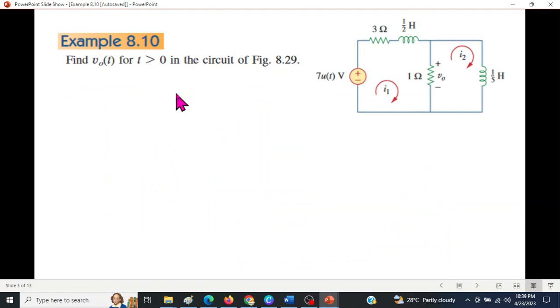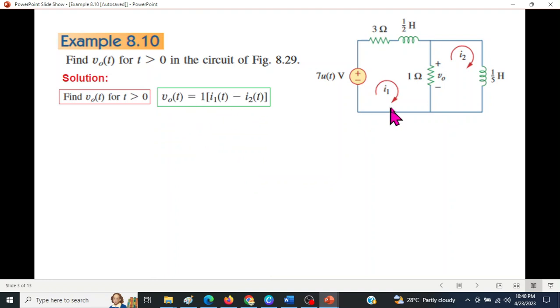Now this is the question that we have to solve. Find V0(t) for t greater than 0 in this circuit. So this is V0, and we have to find V0(t). That is the question in mind. And what is V0(t)? From here you can see that V0(t) is the resistance multiplied by current. And how much is the current?